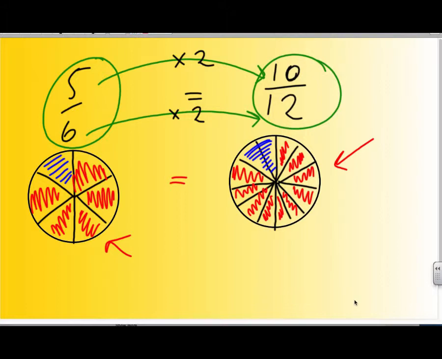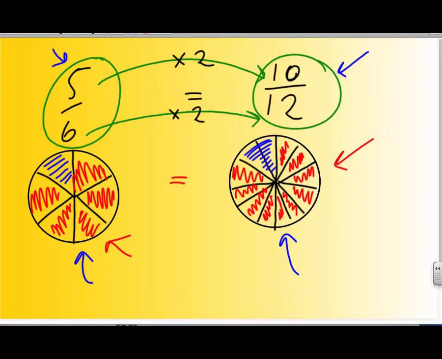It's the same value fraction. It's the same amount of pizza, right? It's the same amount of pie. 5/6 equals 10/12. It's just representing the fraction a different way.